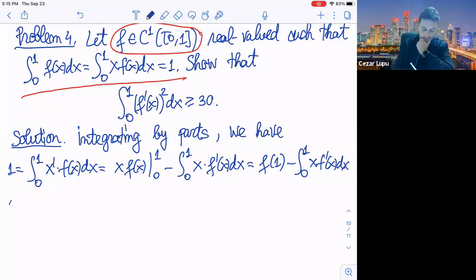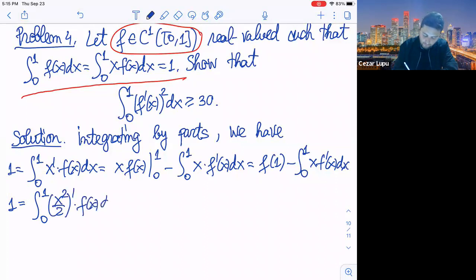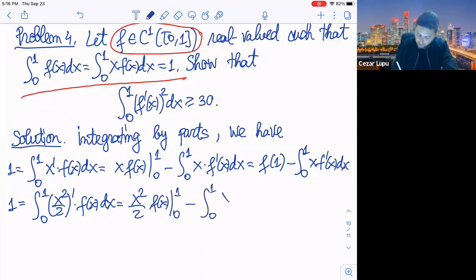Now let's look at the second one, right? So x times f of x. So maybe this is x squared over 2 prime times f of x dx. So this is the boundary term from 0 to 1 minus this guy here.